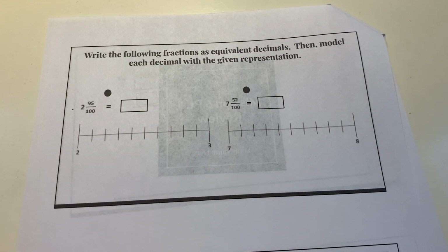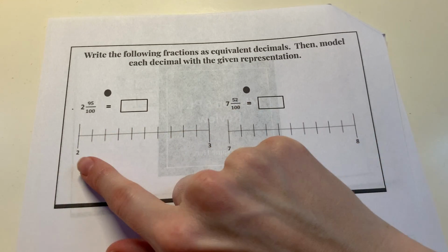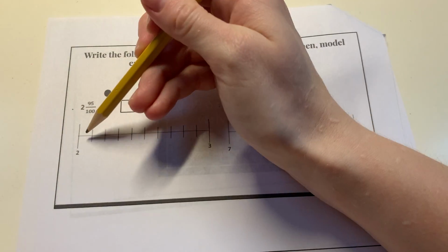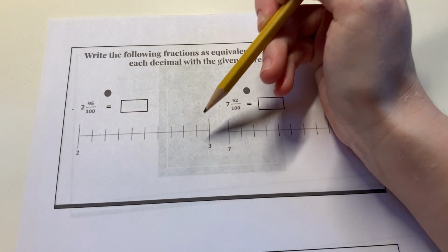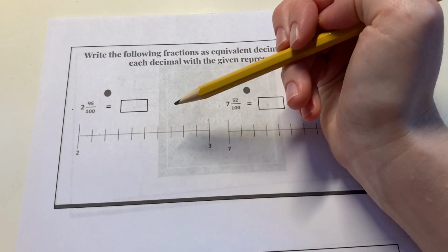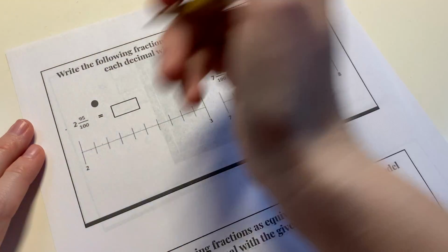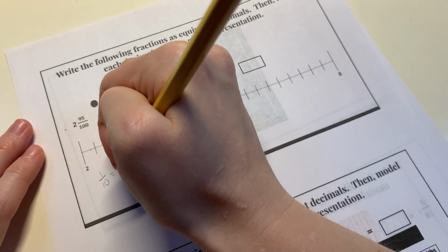Okay, so I have 2 and 95 hundredths. If I look at my number line that I've been given, it goes in between 2 and 3. And it's been split into 1, 2, 3, 4, 5, 6, 7, 8, 9, 10 pieces. So each of these is going to represent 1/10, or 10 hundredths, however you want to think about it, because 1/10 is equal to 10 hundredths.